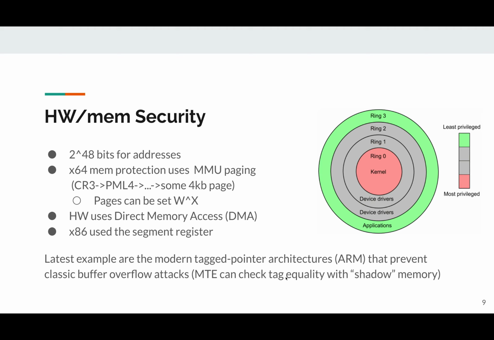So you can define 2 to the 3 possible types of tags. You might say, this block of memory means this tag for my application, that block of memory means that tag for my application.